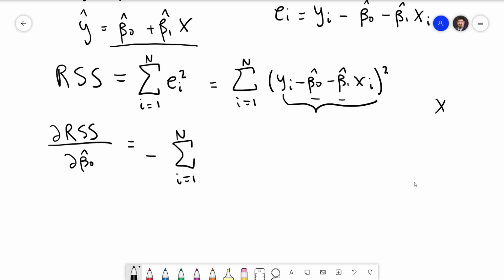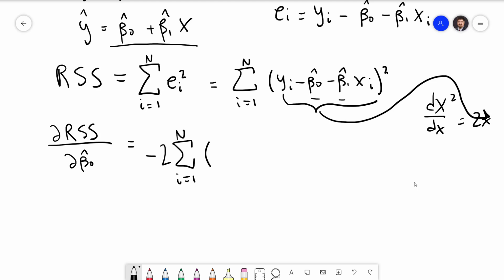So the derivative of x squared is just 2x. But then what we do is we plug all of this stuff right here into the x. So we're going to get that 2 on the outside, and then we're just going to put everything else on the inside. And then, of course, we subtract 1 from that exponent. That's our derivative. For the first order condition, we set it equal to 0.